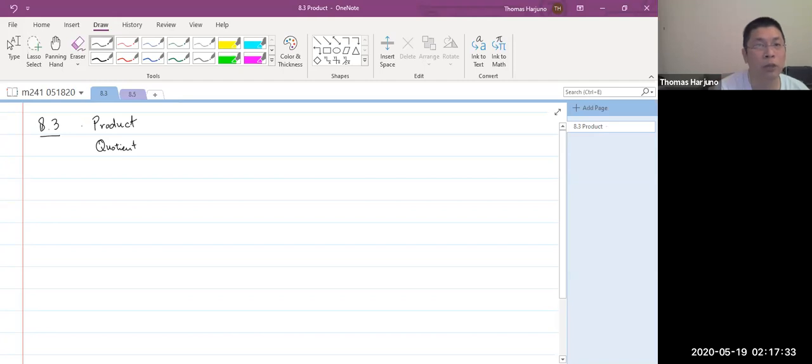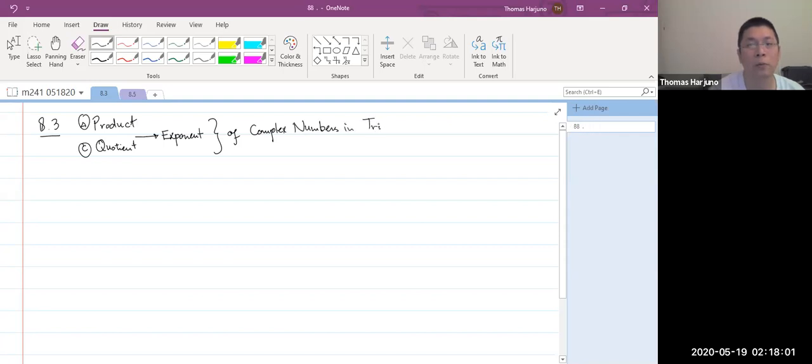And in between, let's say this is A, this is C, in between something called exponent of complex numbers in trigonometry form.